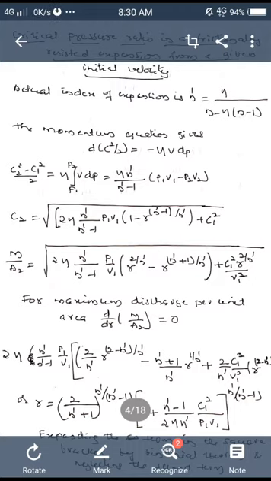So m/A2 = √[2η n'/(n' − 1) P1/V1 (r^(2/n') − r^((n' + 1)/n')) + C1² r^(2/n')/V1²]. This is the expression for the mass flow rate per unit area considering the initial velocity and the friction between the steam and the nozzle.